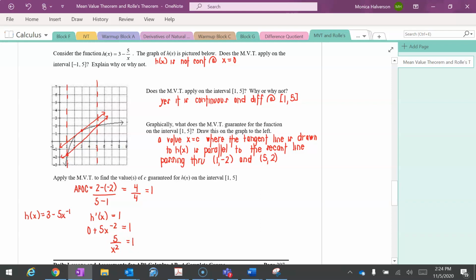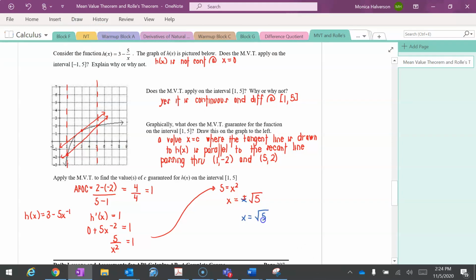So we get 5 equals x squared, so x is going to equal plus or minus the square root of 5. We know it's not going to be the negative one because that doesn't fall into our interval.